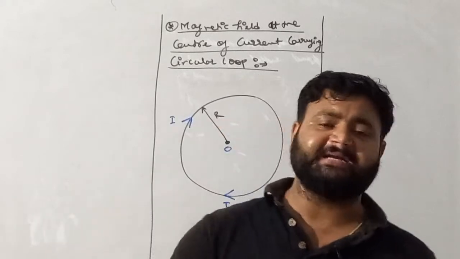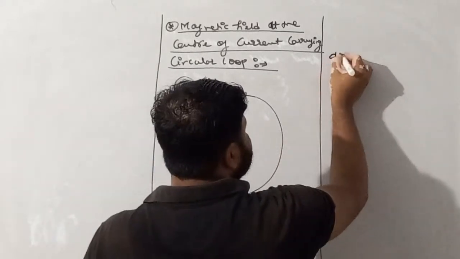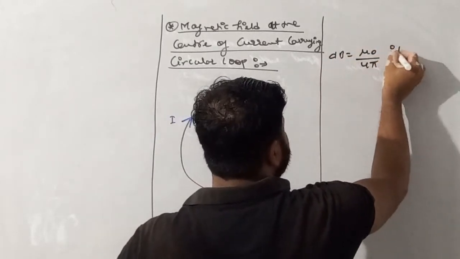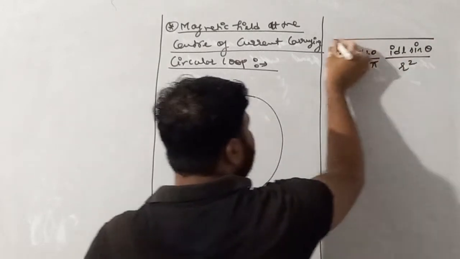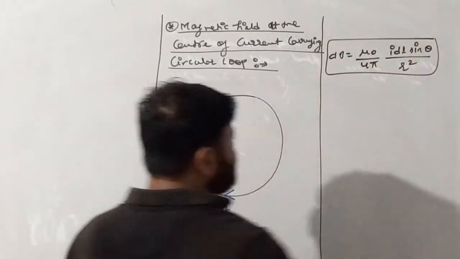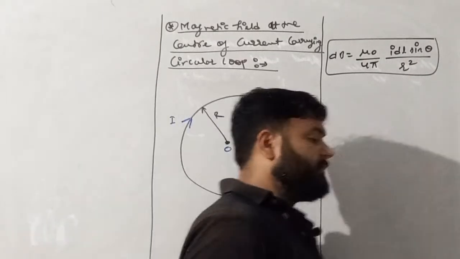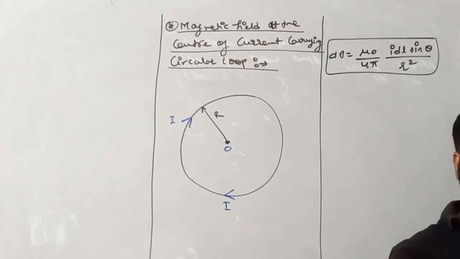We'll get the net magnetic field due to the whole conductor. So moving forward, Biot-Savart's law is mu naught upon 4 pi I dl sine theta over r square. This is the formula of magnetic field due to a current carrying conductor according to Biot-Savart's law.